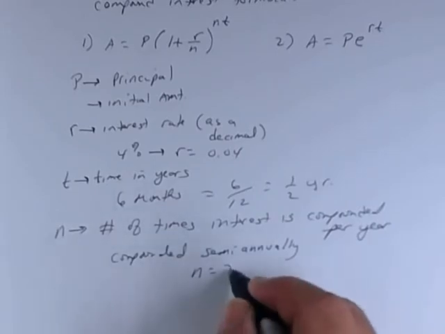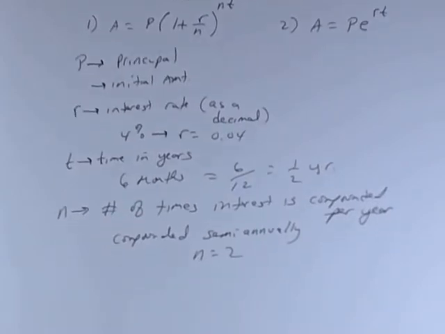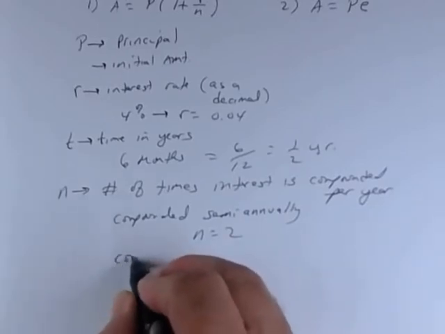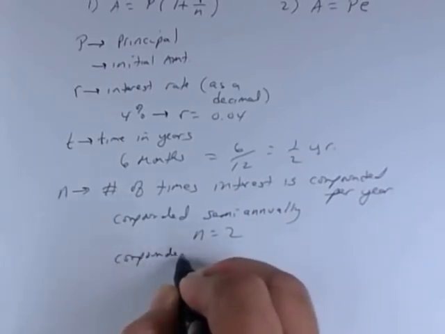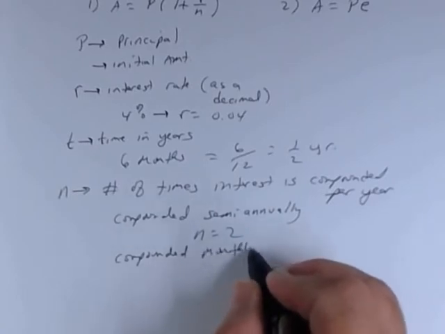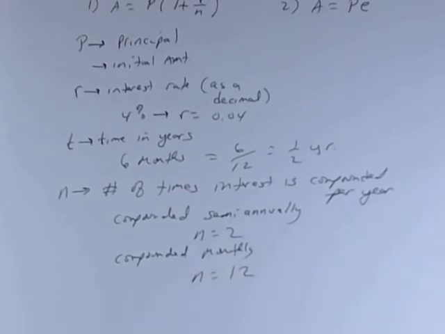So you would let N be 2. If it's compounded monthly, then N equals what? 12, because there are 12 months in a year.